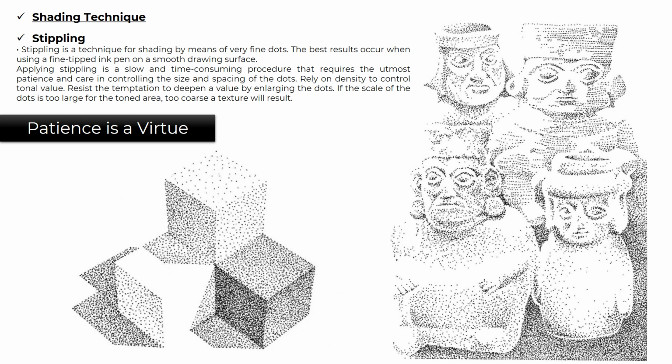In this shading technique, patience is a virtue because you really need patience in creating this drawing technique. And mas maganda din gumamit ng pen, yung fine liner pen or your tech pen na nagva-vary din yung points. It's like 0.1, 0.3, 0.5 para may variation yung shade gamit ang stippling.